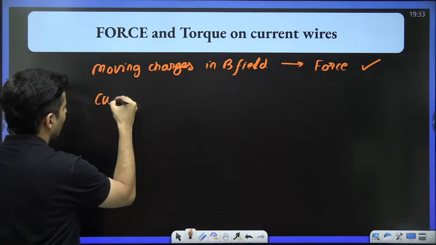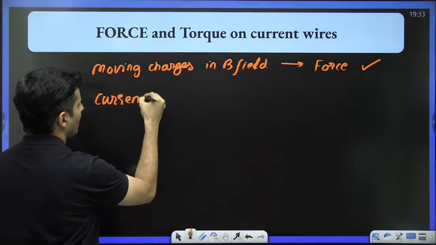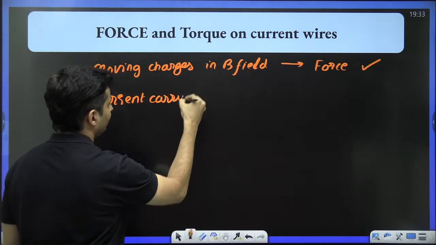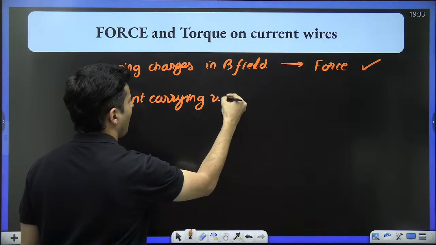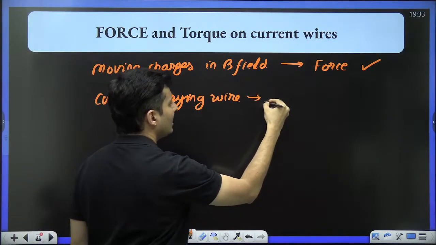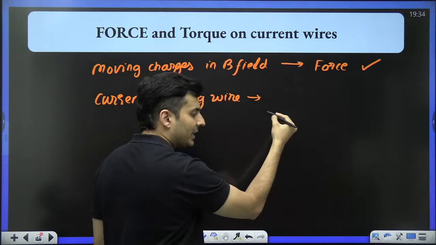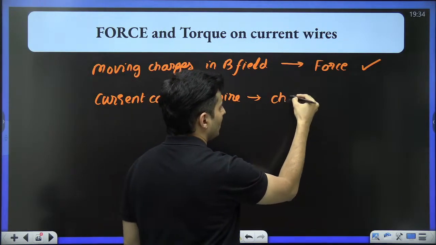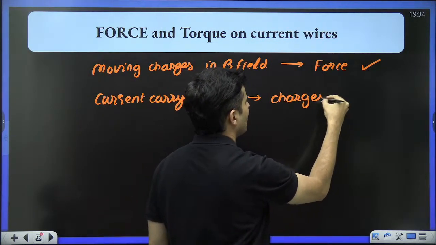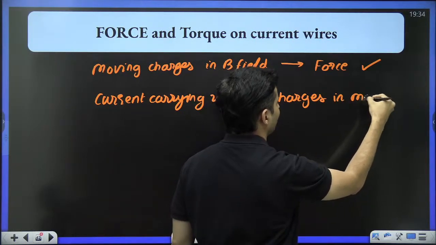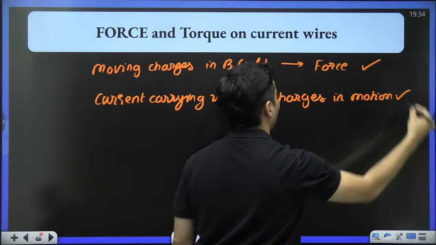Can I say a current carrying wire is nothing but charges in motion? There are electrons which are moving, so charges in motion. Is that right? Everybody with me?